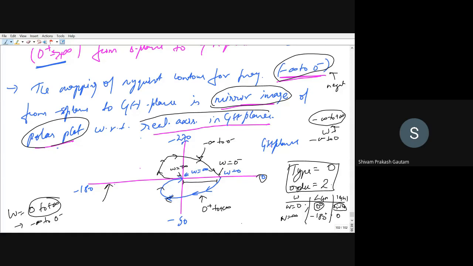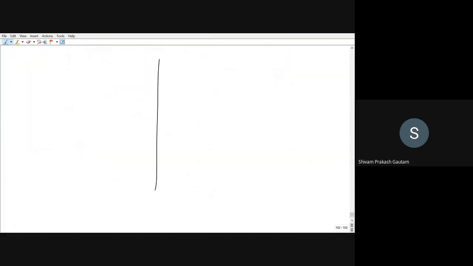Suppose again, one more rough example. Suppose my plot is looking like this. This is my polar plot. We have seen this kind of a case. If this is my polar plot, such that this is omega equal to 0, and this is the ending frequency, omega equal to infinity plus. Now, if I want to draw it for negative frequency, then it will be a mirror image.